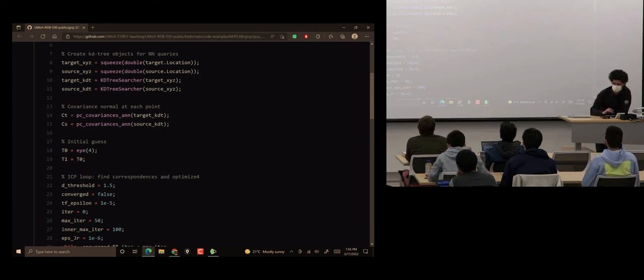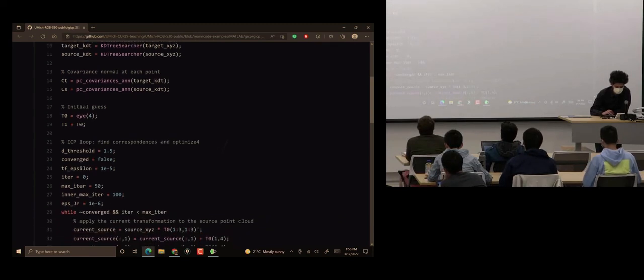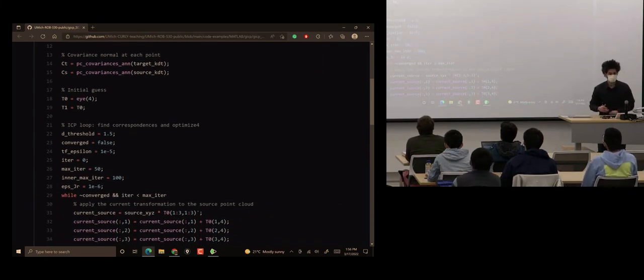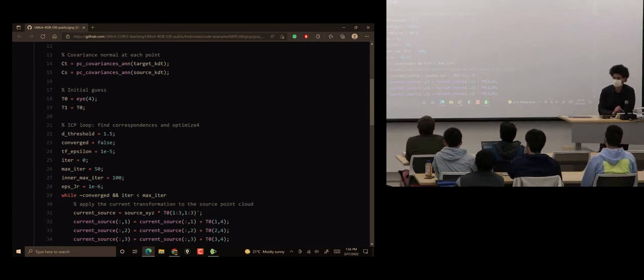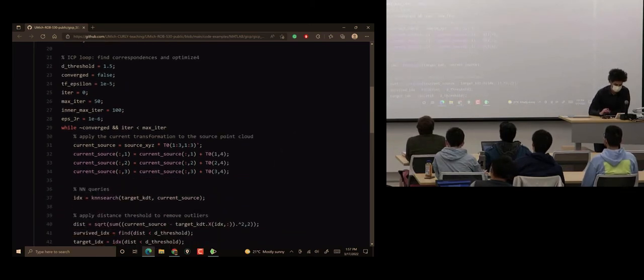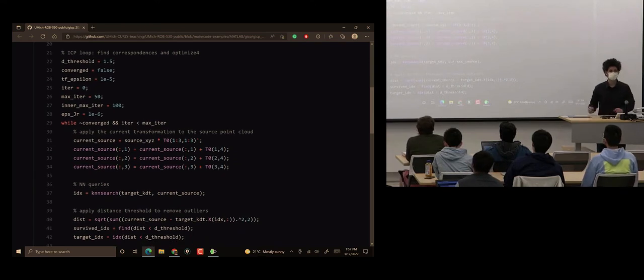Just think about it as some pseudocode. No, it is actual code, but don't worry about the syntax. In lines 14 and 15, for every covariance, this C is not a matrix. It's an array of covariances for every point. I'm calculating the local covariances using nearest neighbors. And my initial guess in line 18 is the identity. In line 19, I start with the initial guess. I do have some thresholds for the convergence, and I do have a maximum iteration in line 26.